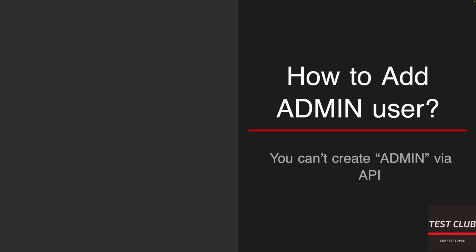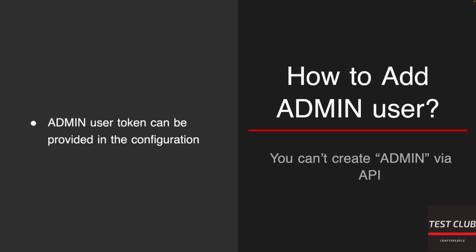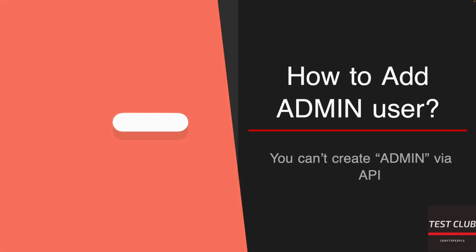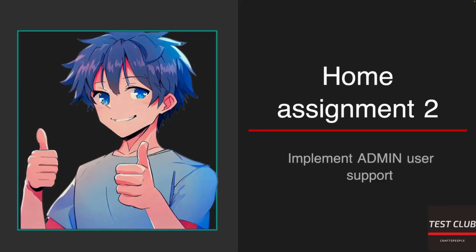Well, because we can't create an administrator user using the API, we can add a hard-coded or rather configured user token for the administrator in some configuration file. And actually the whole administrator user workflow is almost identical to the typical user workflow, and I'm suggesting you do this yourself so you will remember the course material better.